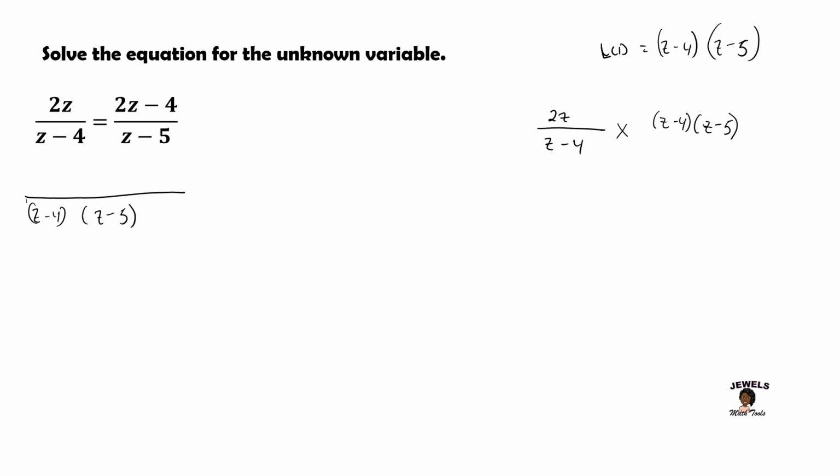Okay, so I'm going to be canceling my z minus 4 and my z minus 4, and now I will be multiplying my 2z to everything that's inside of my parentheses, which is the z minus 5.